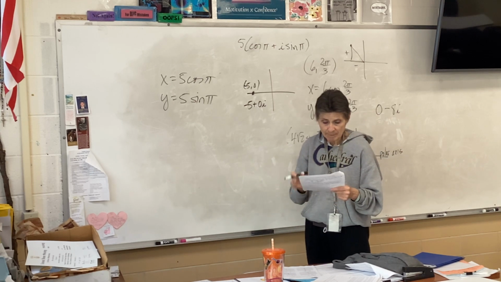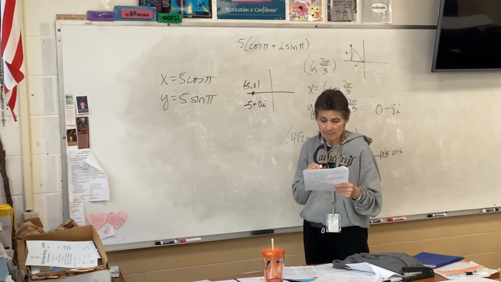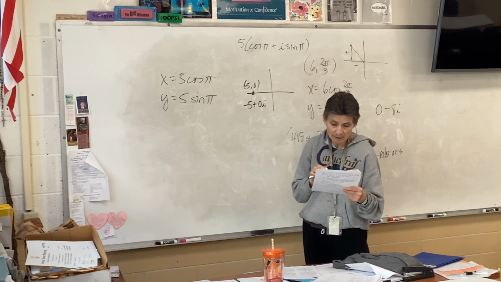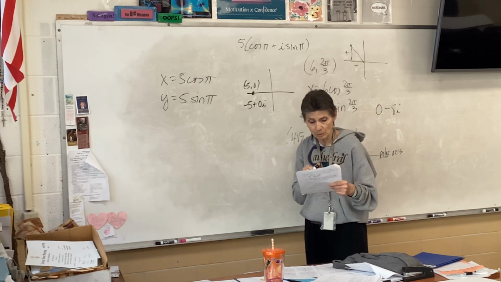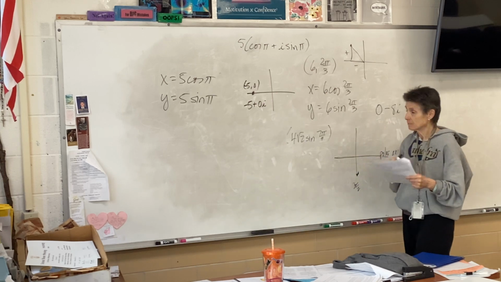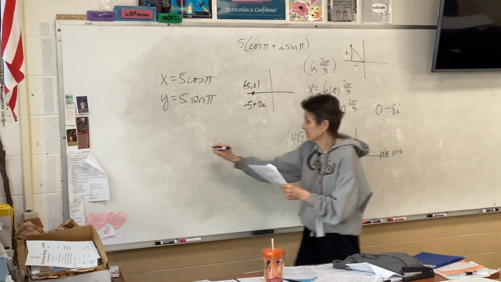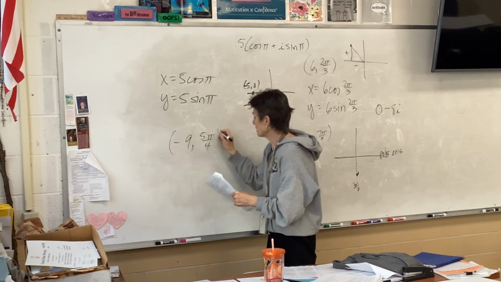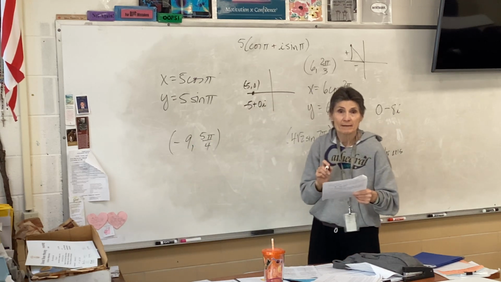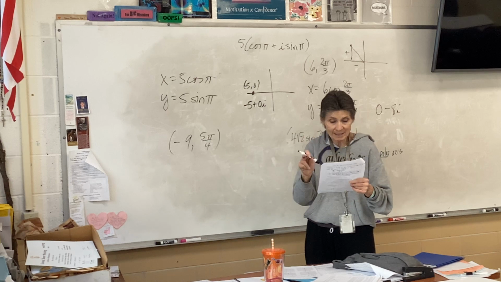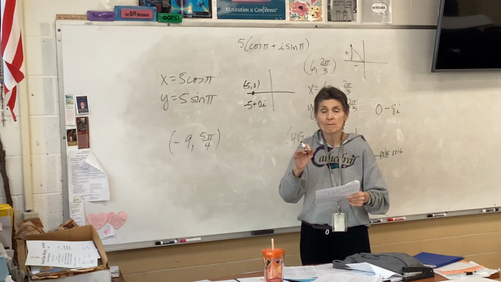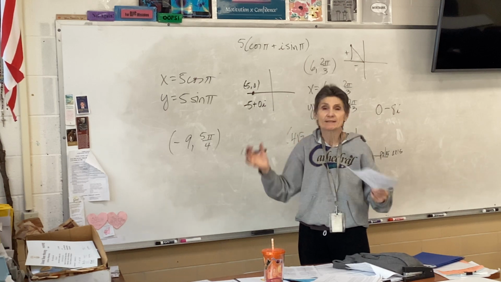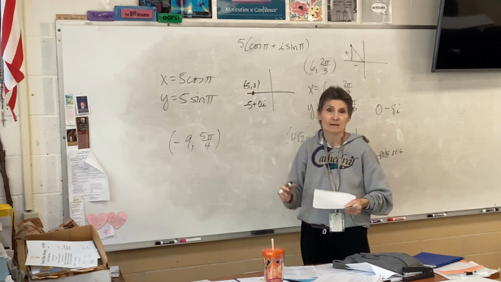All right, next. The polar coordinates can be used to represent a point in a complex plane with a positive real and a positive imaginary part. So in other words, is that point, negative 9, 5 pi over 4, in quadrant 1? Because if it's going to have a positive real and a positive imaginary, is it positive, positive?